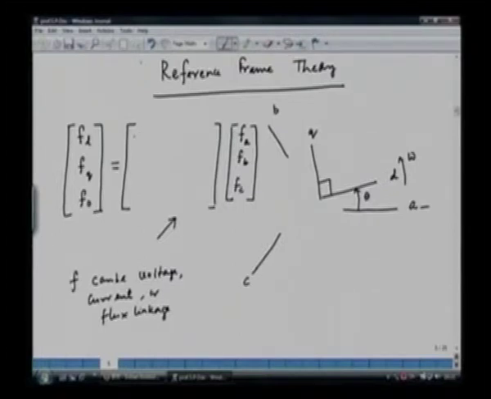We have cos theta, cos theta 1, cos theta 2, minus of sin theta, minus of sin theta 1, minus of sin theta 2, half, half and half. So we have a multiplication constant here, that is 2 by 3.